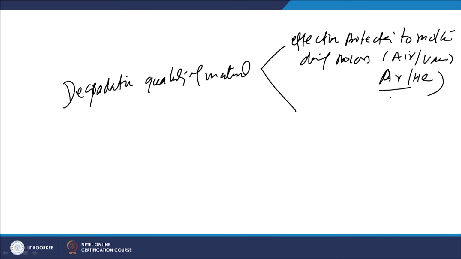So, the kind of environmental conditions in which the spray is carried out will affect the kind of interactions between the molten metal and the surrounding environment. If air is present, then certainly the quality will be poor compared to the case when vacuum or an inert atmosphere is used during spraying.